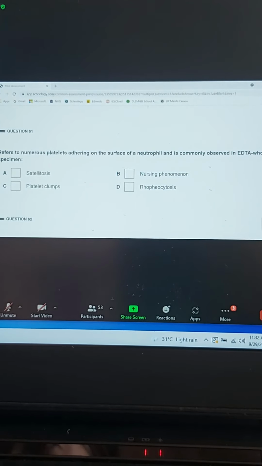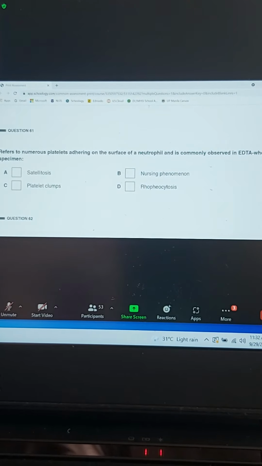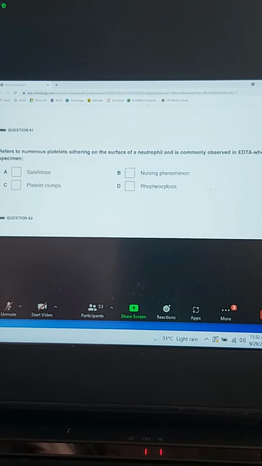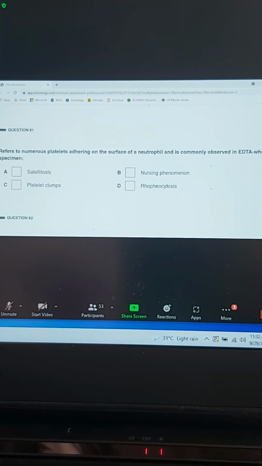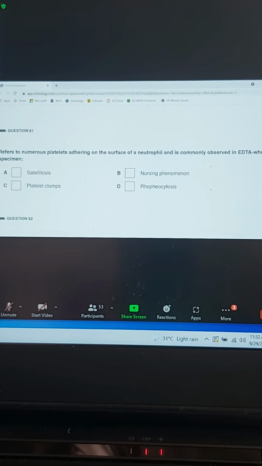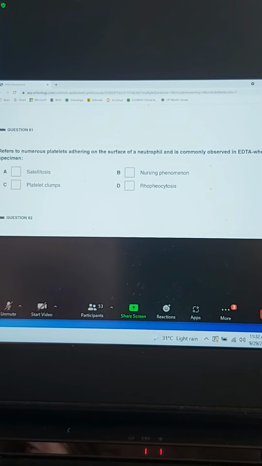So in rofeocytosis or nursing phenomenon, this is the process by which your developing red blood cells acquire iron from bone marrow macrophages. Kasi di ba, during the sequestration of iron from hemoglobin catabolism, pag na-degrade na yung ating hemoglobin, maghihiwalay si porphyrin at si iron.